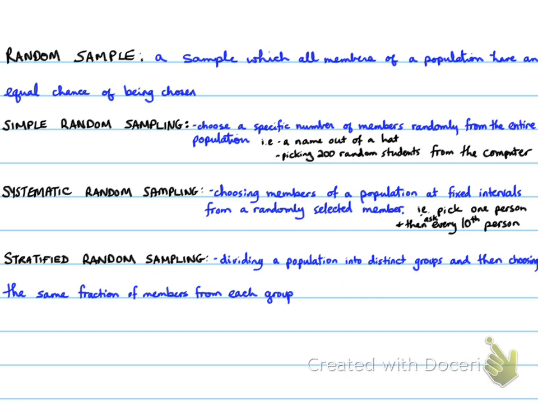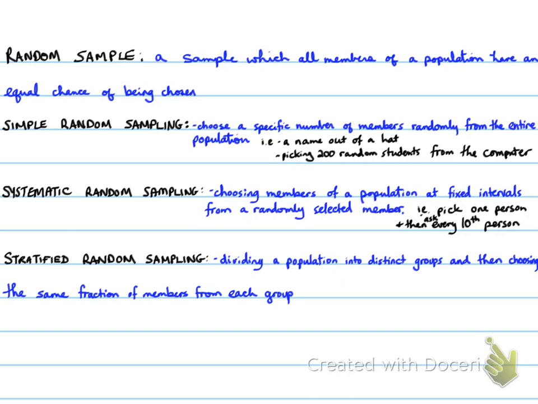So stratified is basically grouping them up first and then asking a percentage from every group. Another example is classes. For example, in a high school we have grades 9, 10, 11, and 12, divided into classes. By dividing everybody up into classes, you would ask a percentage from every class to represent the entire population of the school.